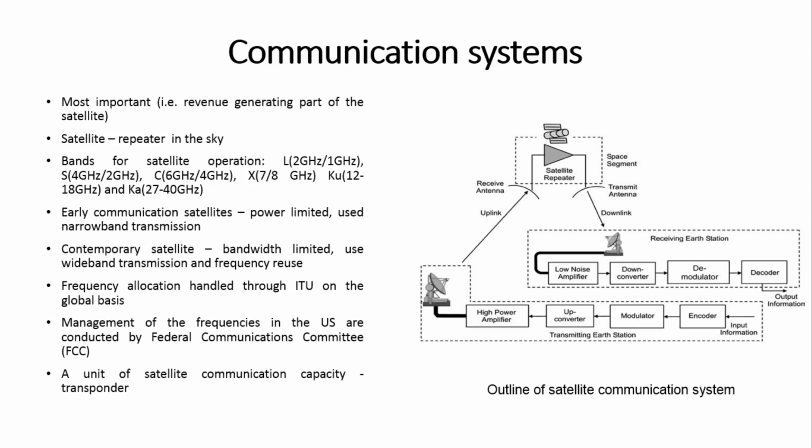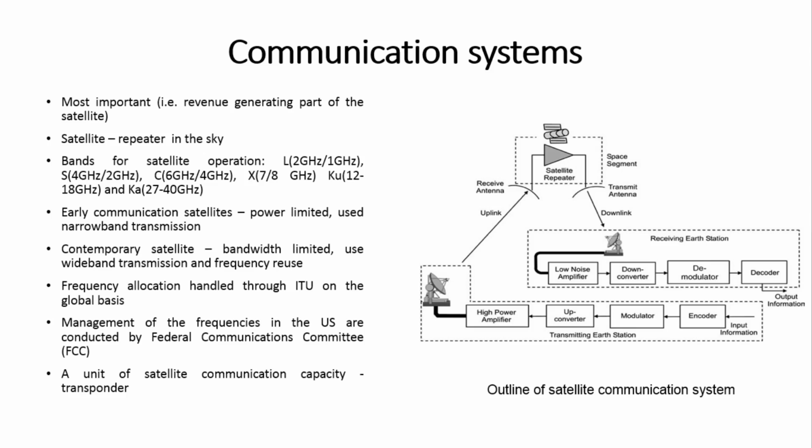The signal is received by the receiving earth station. The receiving earth station has a number of different blocks through which the signal passes: low noise amplifier, down converter, demodulator, decoder, and then the output is transmitted.